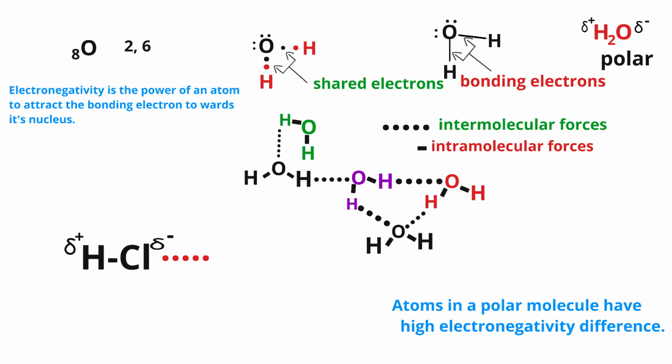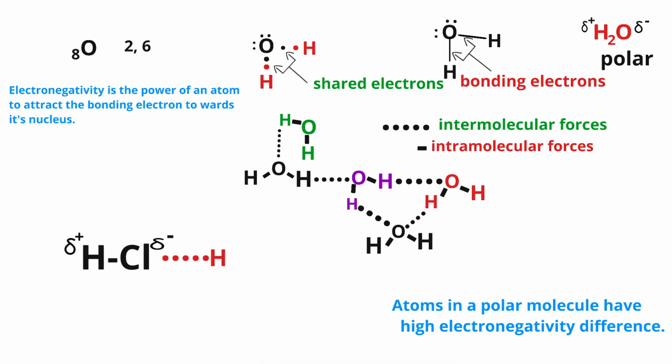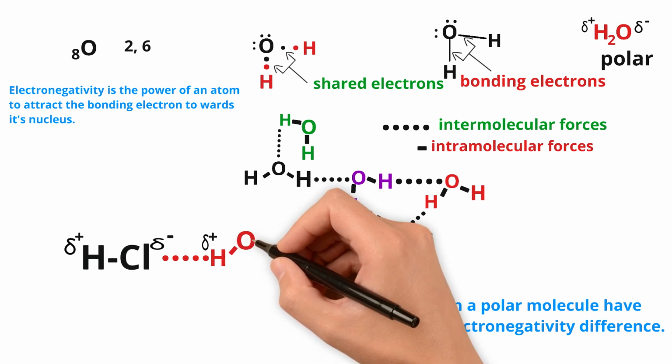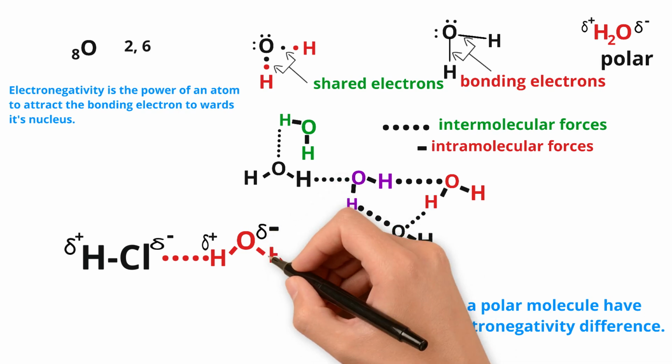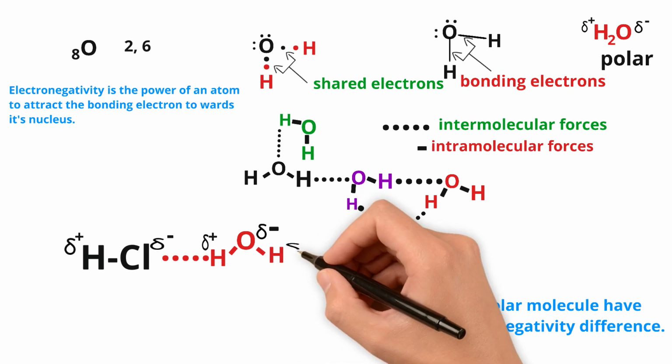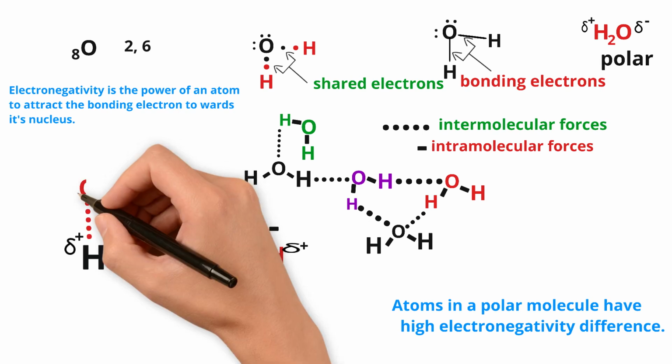And this one HCl molecule is bonded with another HCl molecule by intermolecular force. This is a broken line between HCl and water molecules. We call it intermolecular force. So HCl and water, the force that exists between HCl and water, we call it intermolecular force.